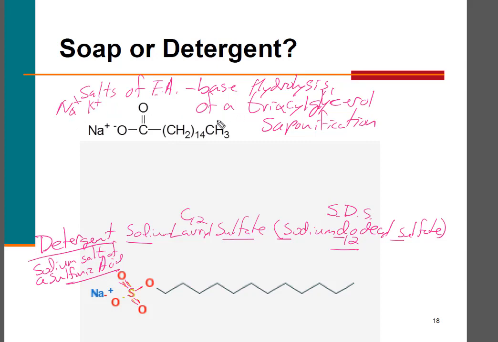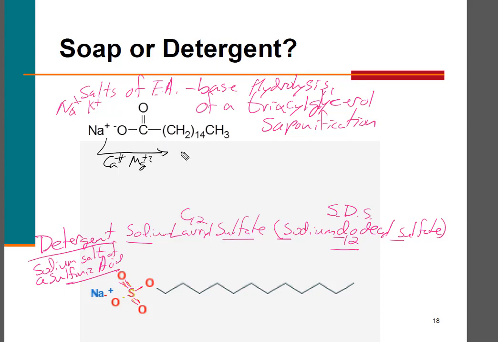Well, what's the big deal? If we were able to do that soap lab, what you would have been able to see is that there's something called a hard water reaction. If you have a divalent cation like calcium plus 2 or magnesium plus 2, these will form an insoluble salt.